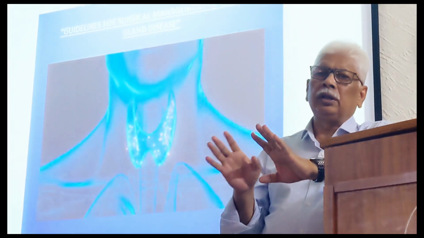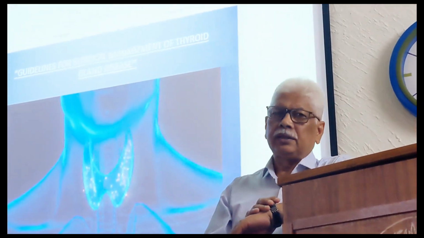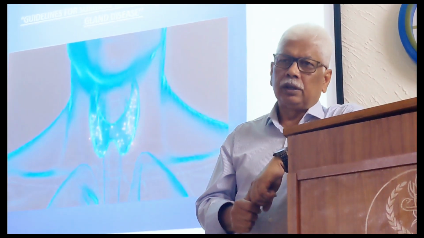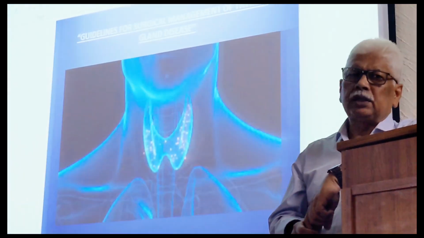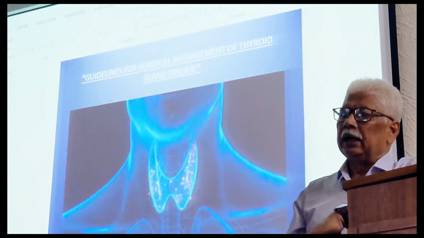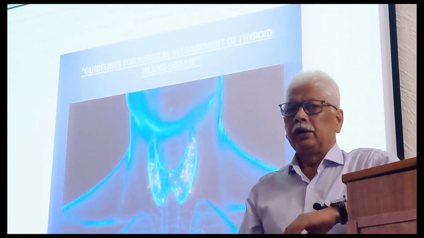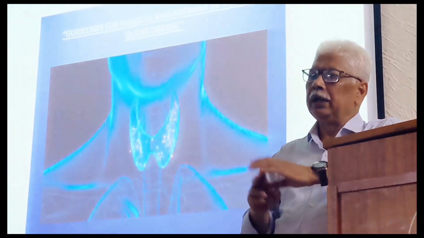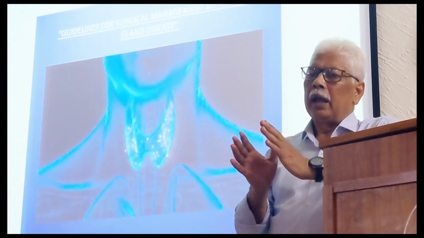Surgery like subtotal thyroidectomy or near total thyroidectomy is not advised nowadays. It is only in some very specific cases that you can opt for near total thyroidectomy. Otherwise, total thyroidectomy or lobectomy. And the third one is you extend your surgery with a neck dissection, usually in case of malignancy. So this is complete.